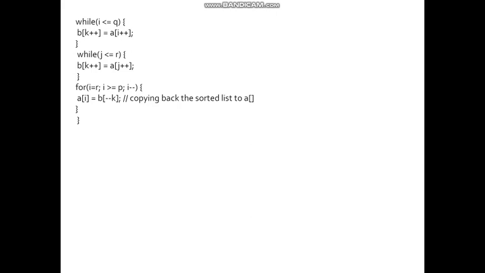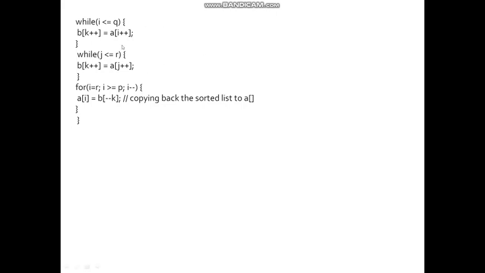So the main purpose of this algorithm is to divide the big problem into different small sub problems and then solve them and combine their solutions.